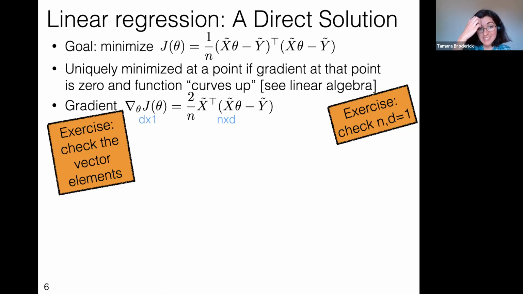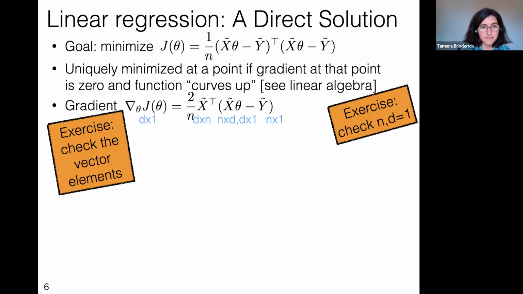Okay, so we know that x tilde is n by d. We know that theta is d by 1. And we know that y tilde is n by 1. And actually, technically speaking, we've already gone through this, and we know that x tilde theta minus y tilde is an n by 1 vector. And here this is just reiterating that.